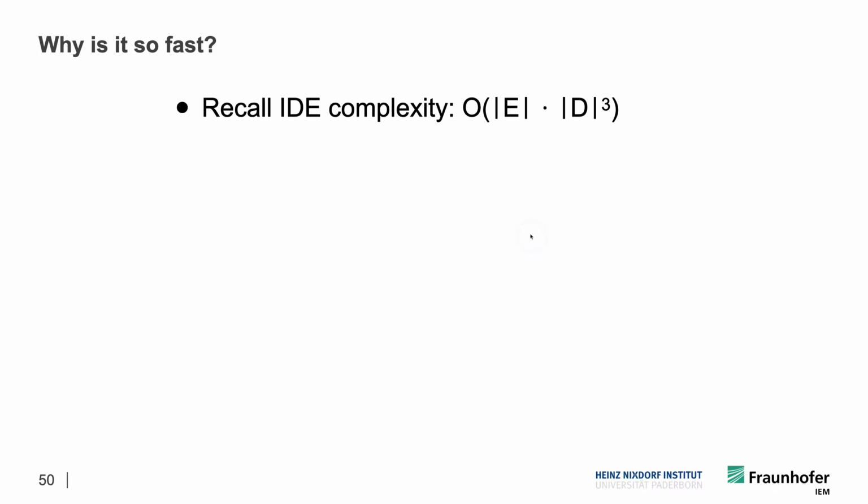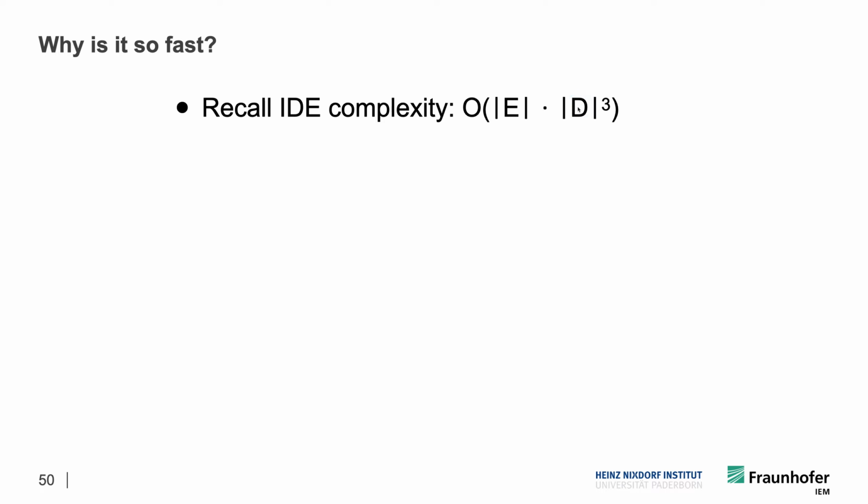So recall the theoretical complexity of IDE. The complexity of IDE, I told you, is bounded by this constraint here, right? So it's linear in the number of exploded supergraph edges. So it's linear in the size of the program, you could say. And it's cubic, in the worst case, in the size of your domain.